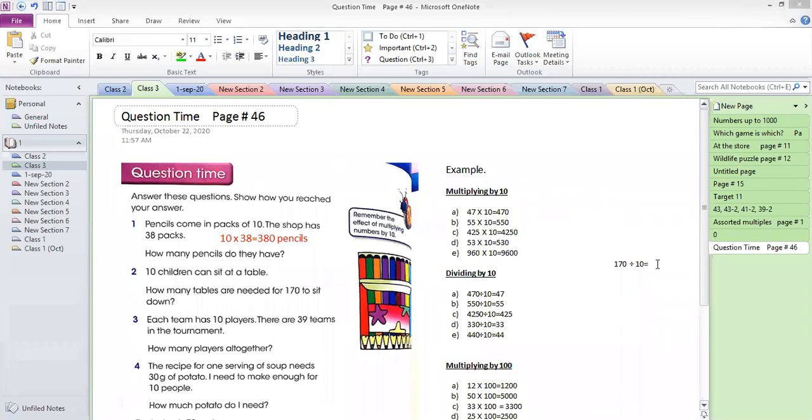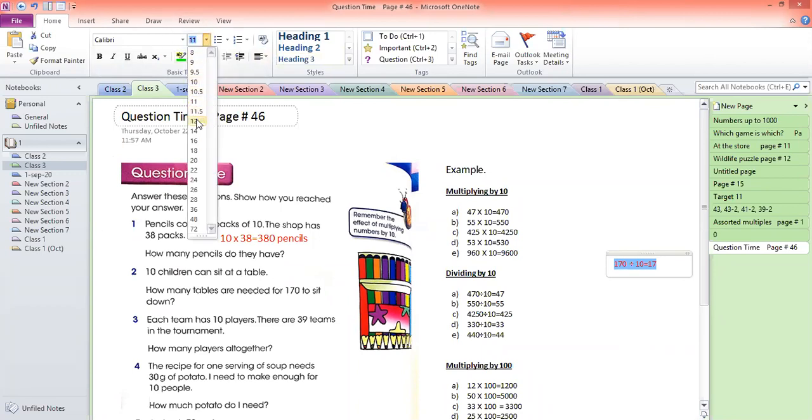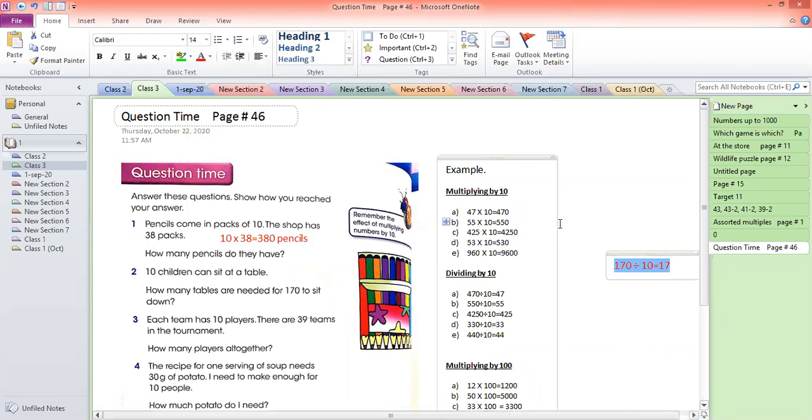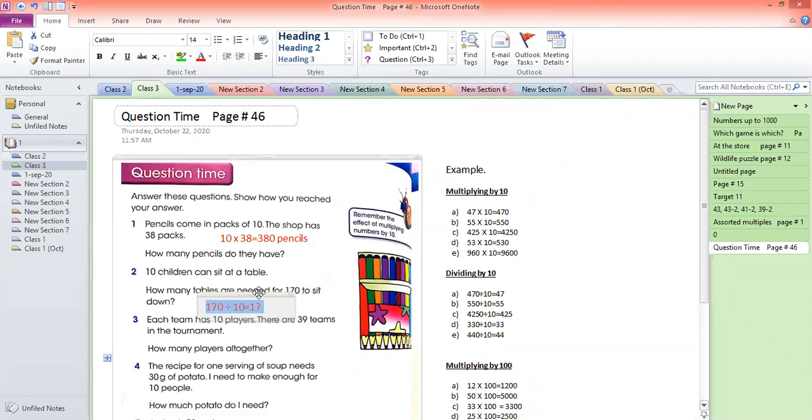The answer is 17. So on 17 tables, 170 children can sit. This is the answer. So today we will complete only 2 questions, 1 and 2. The rest of the questions we will complete in the next class.